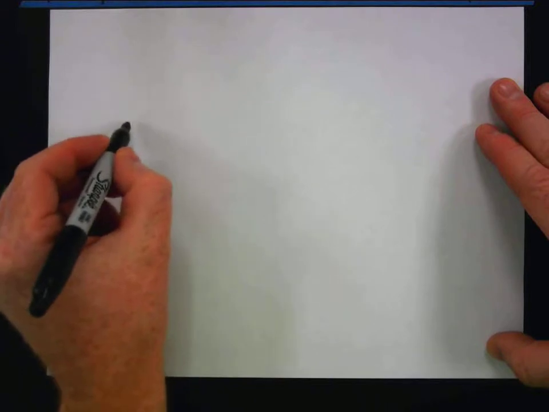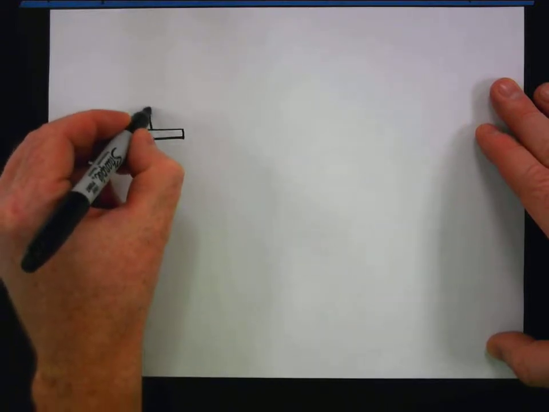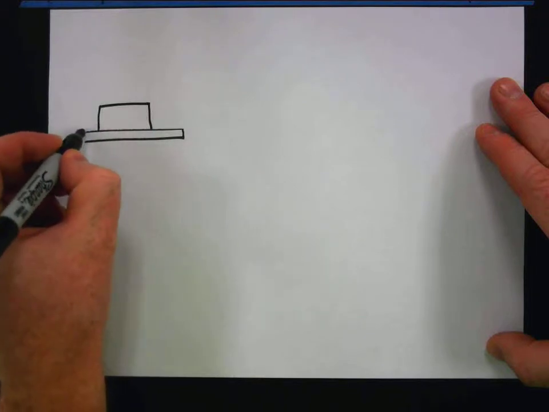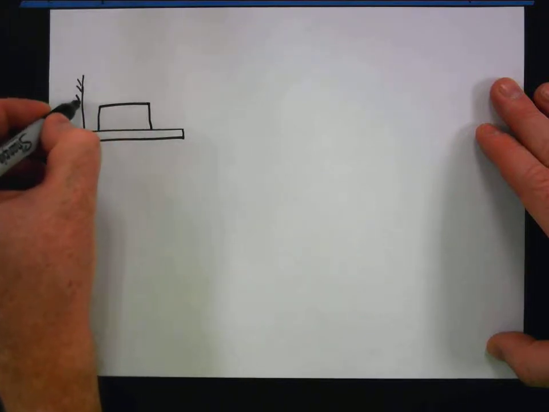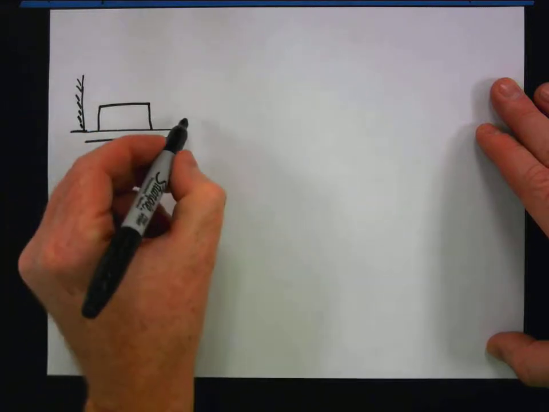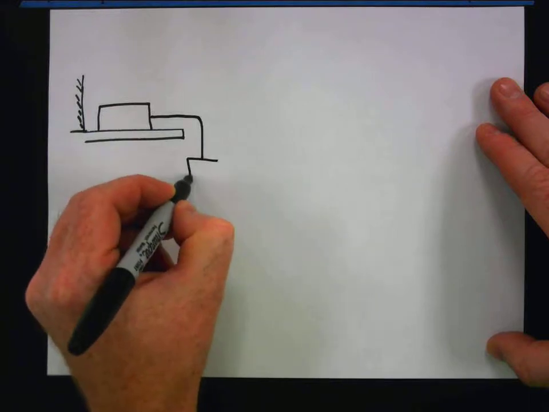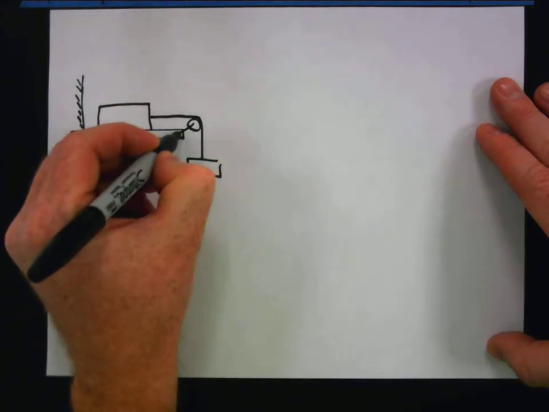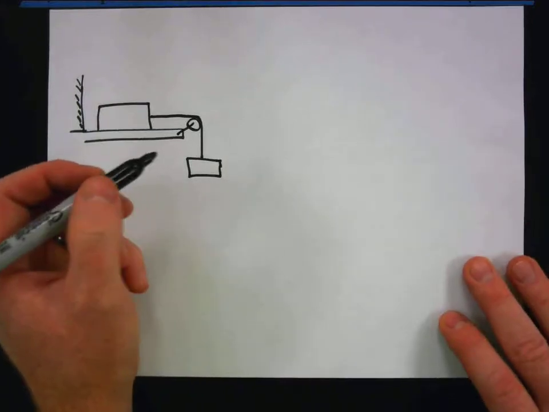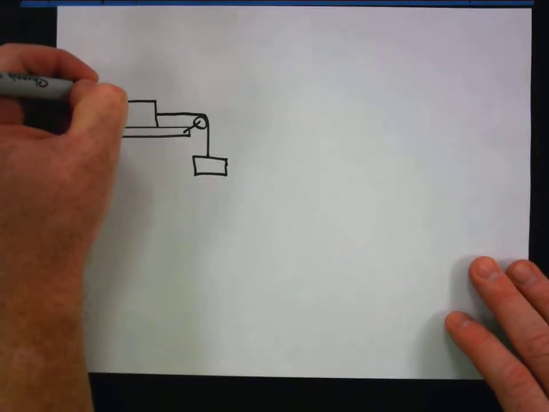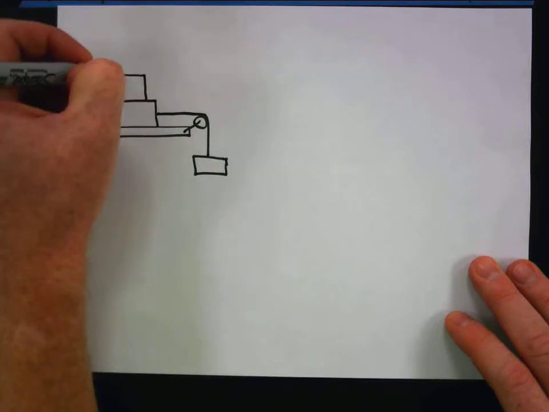So I'm going to have this object. I'm still going to have this stationary surface. I'm still going to have an object hanging here. Pulley, okay. But this time, I'm going to have another object here, and another one here.